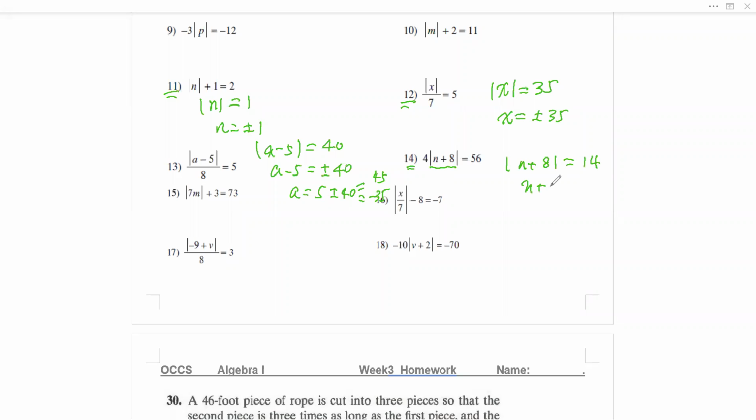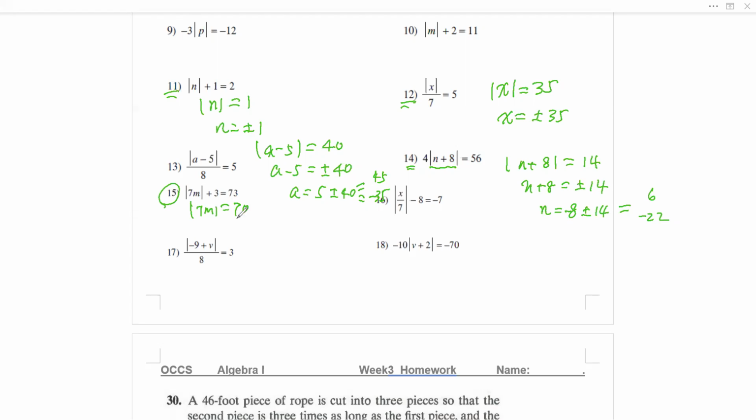So n plus 8 equal positive 14 or negative 14, right? Both sides minus 8, right? So you can got one of them is 6, the other one is negative 22, right? Right, so a negative 8 per here got a 6, the other one got a negative 22. Let's see 15. 15, both sides minus 3 first.